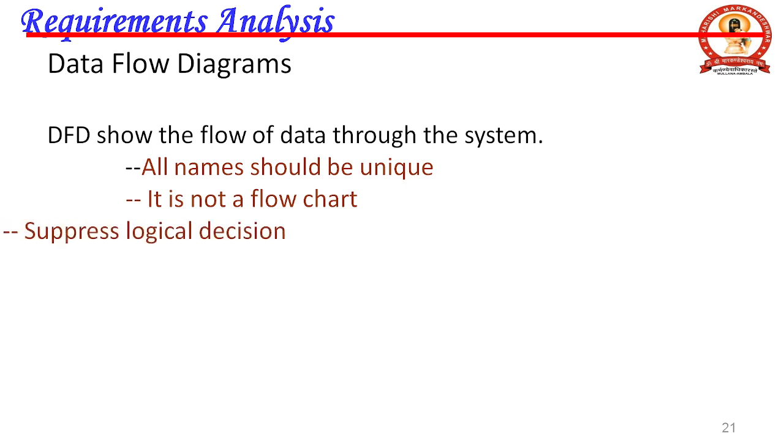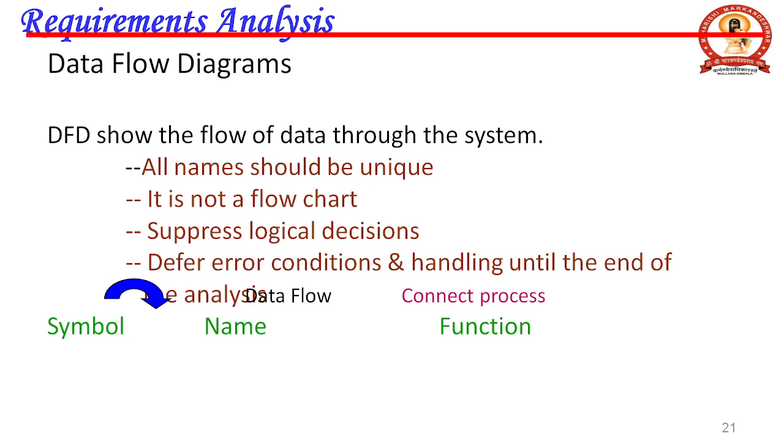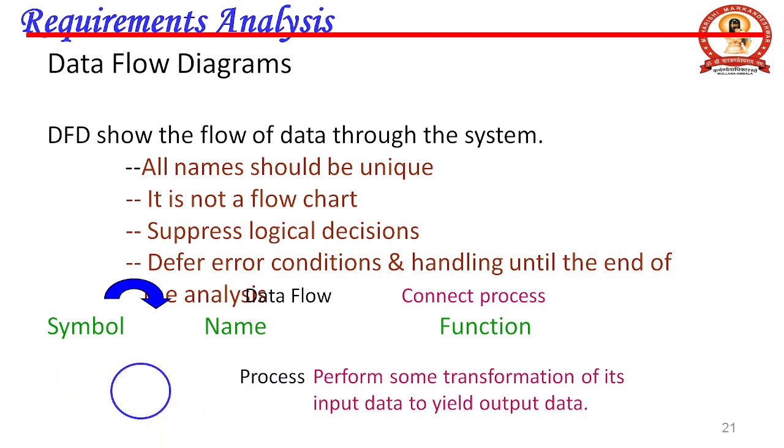The name should be unique, a flow chart should be there, some decisions should be made, and with the help of a data flow diagram we can make it possible. There are some symbols to be notified so that the team can understand it. Like the arrow shows the flow of data, the rectangle shows the source or the sink, and the circle shows the process, right? So these are the notations used in the SDLC team, and they may try to understand what they mean.